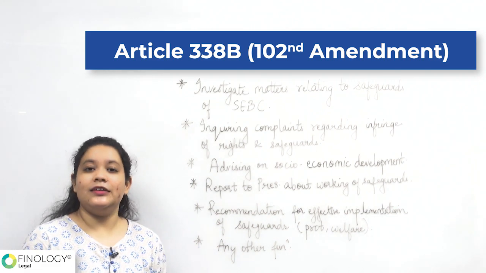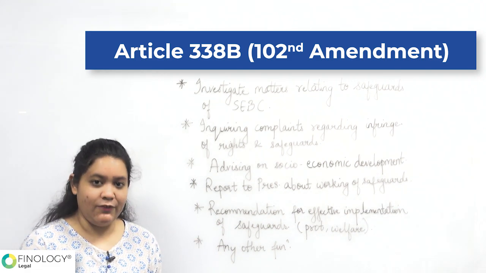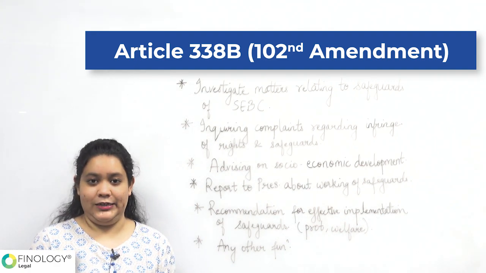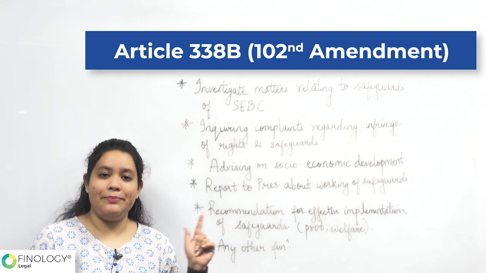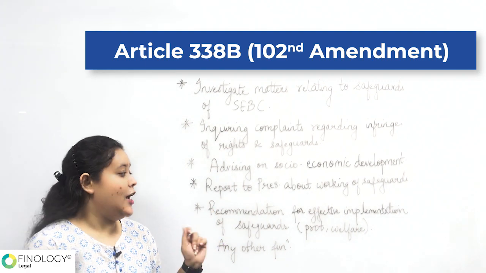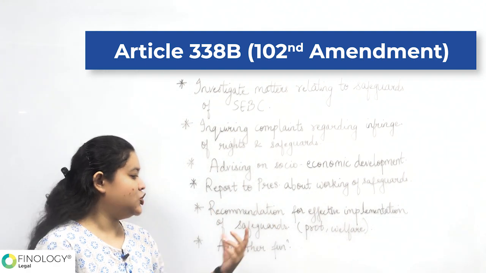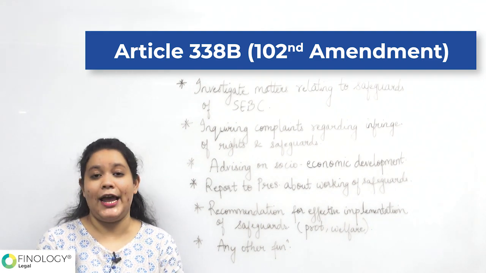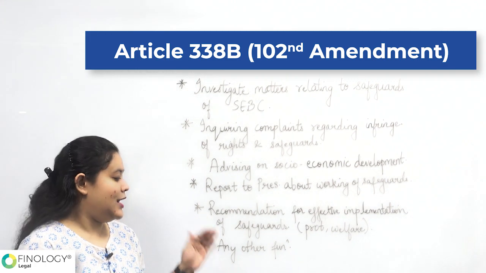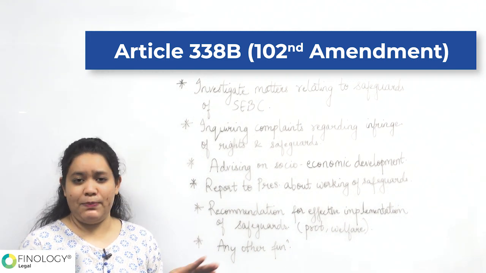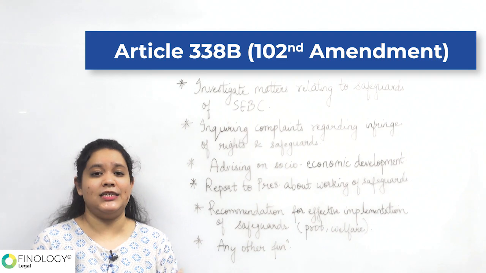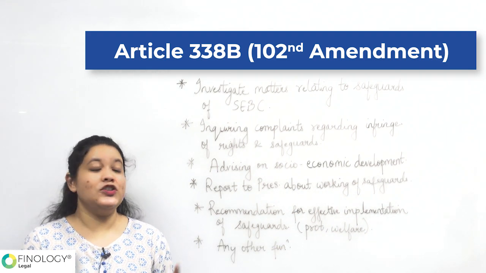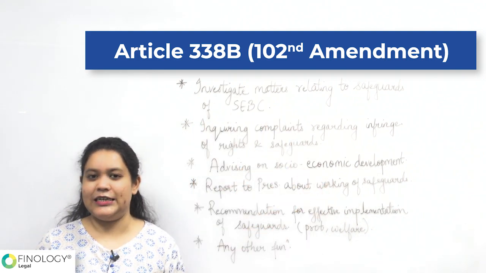Next, the NCBC has the power to make recommendations to the central government and the state governments about the measures they need to take for the effective implementation of these safeguards for the protection and welfare of these classes. Last, any other function can be performed by this commission as it deems fit for the protection and welfare of the SEBCs. So this was all about Article 338B.